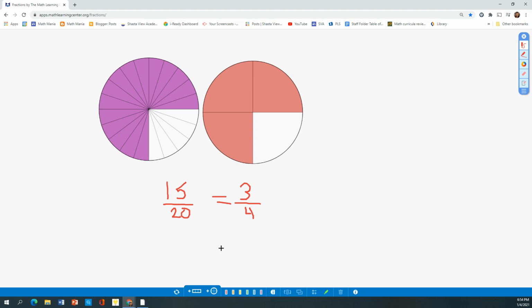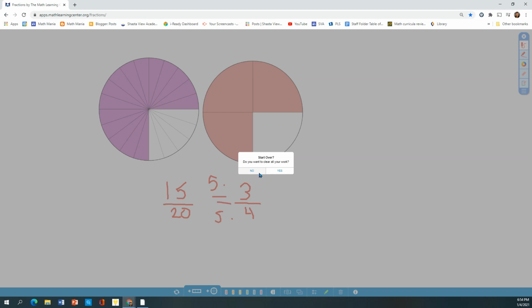And again, I can go back to saying what you multiply the numerator by, you have to multiply the denominator by. 3 times what is 15? And we know that's 5. So 4 times 5 is the same as 20. So that's another way that we can check it. Okay, let me erase that. We'll go to the next one.